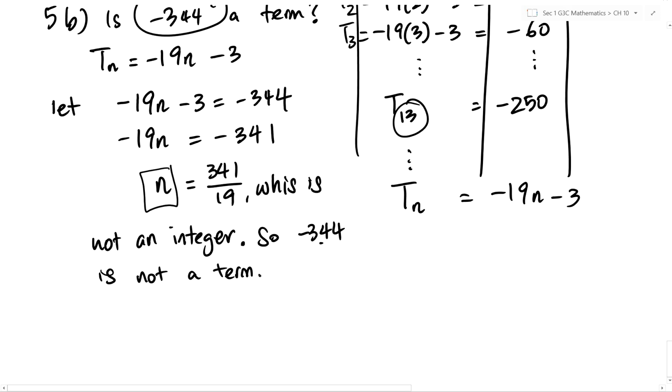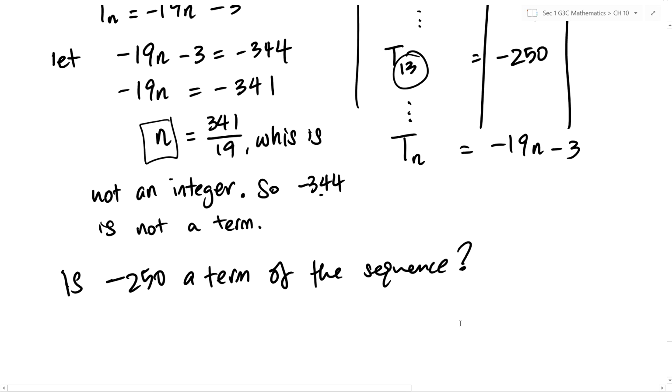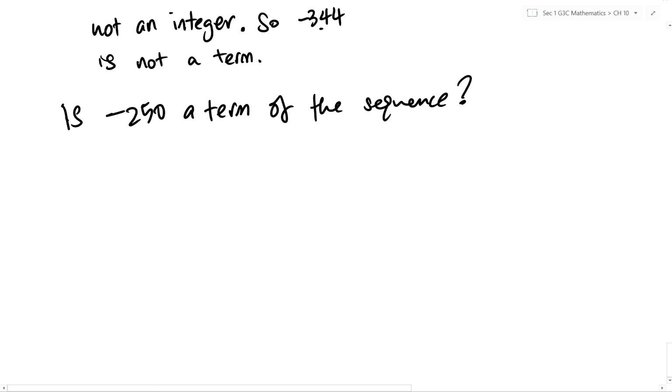Now suppose the question says, is negative 250 a term of the sequence? What is your answer to this question? Is negative 250 a term in the sequence? Look back at your part A answer. Part A says, which term has a value of negative 250?